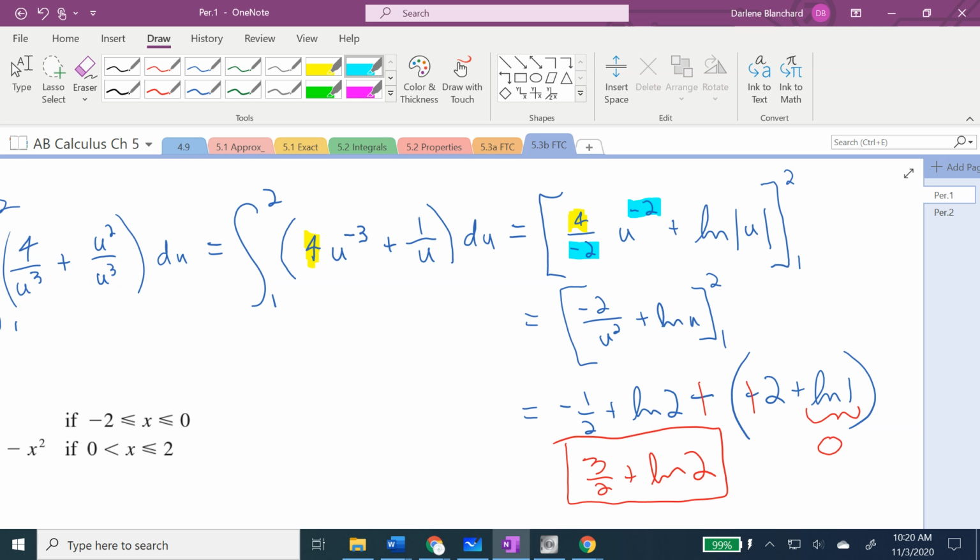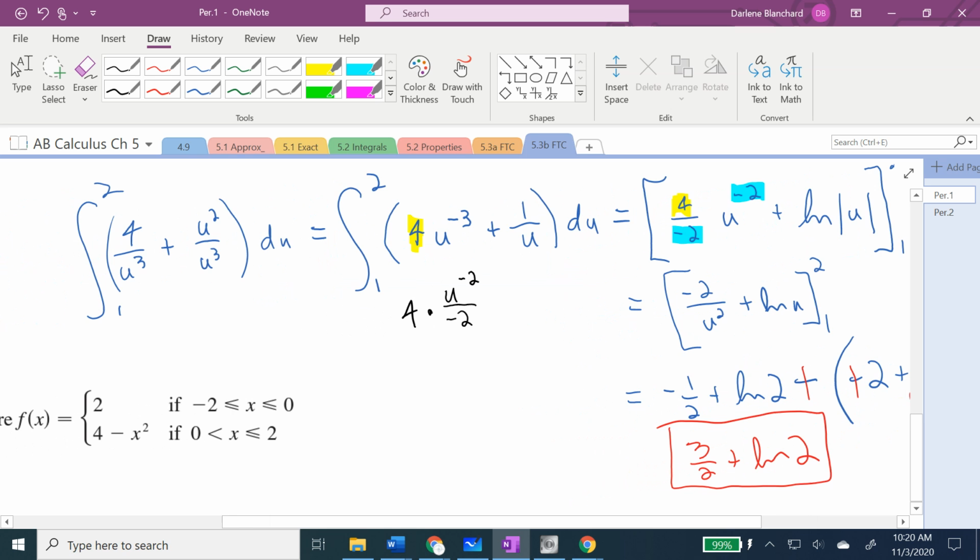Did that make sense? So you've got your constant multiple, and then add 1 to the exponent. So I add 1 to negative 3 to get negative 2, and I divide by that new exponent. Okay.